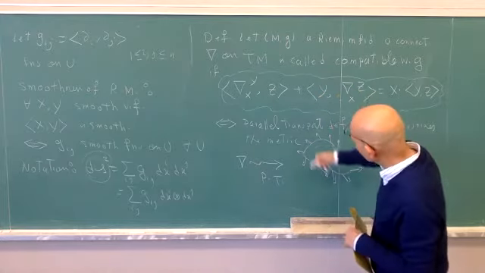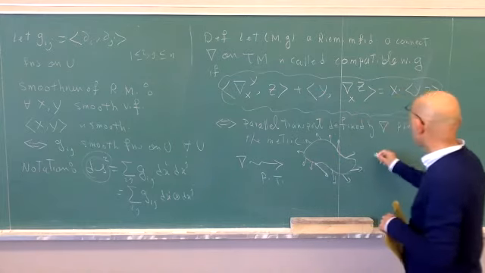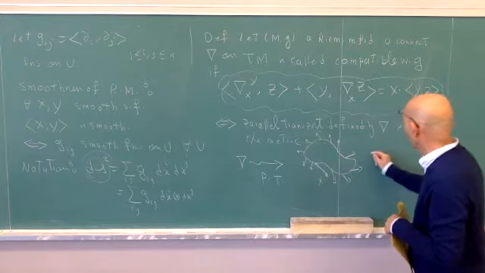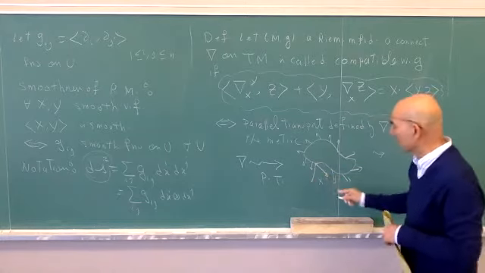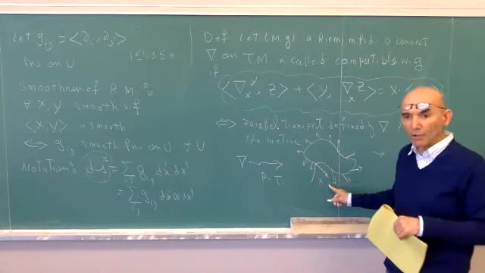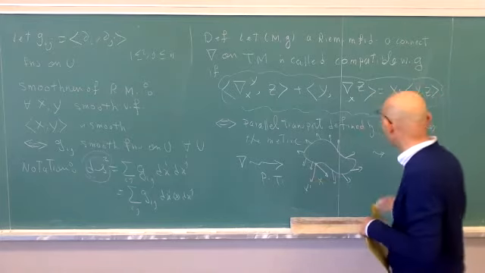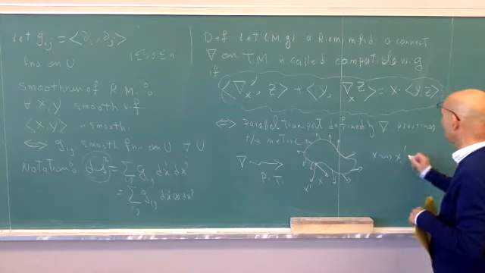So when you do parallel transport, you come back to the same point. So the parallel transport, say of x, you come back to the same point, but you don't necessarily come back to the same vector. You may get a different vector, so I call it x prime. So x is turned into x prime.